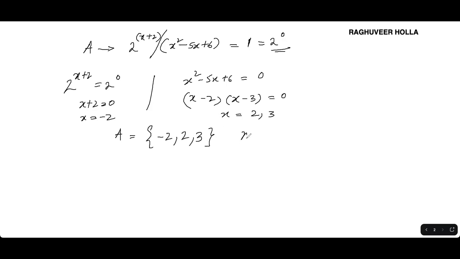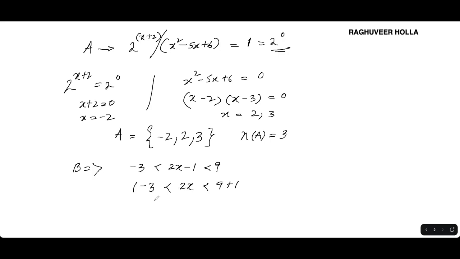So the number of elements of set A is 3. Now let us look at set B, which is defined like this: minus 3 less than 2x minus 1 less than 9. So this will be minus 3 plus 1 less than 2x less than 9 plus 1 when you add.